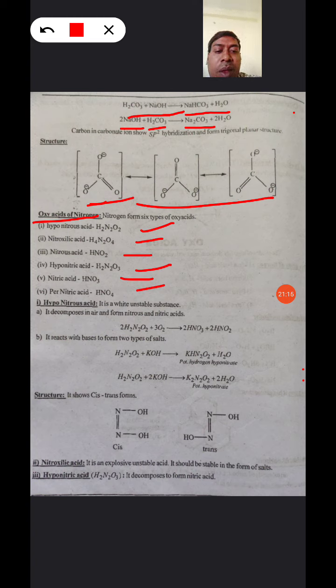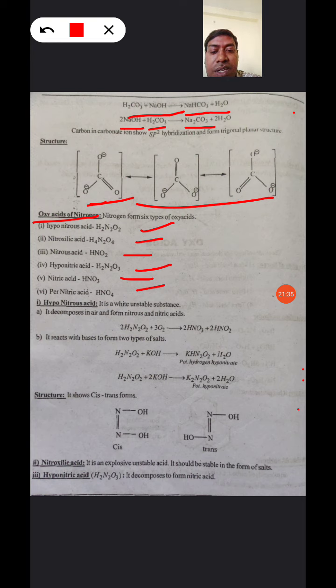These are the oxy acids of nitrogen: hyponitrous acid, nitroxylic acid, nitrous acid, hyponitric acid, nitric acid, and pernitric acid.